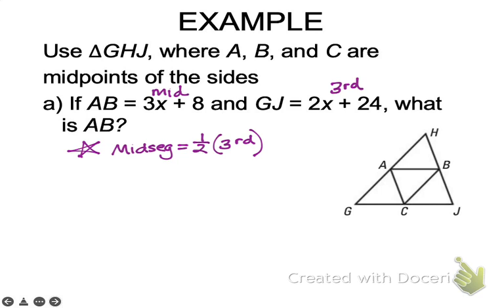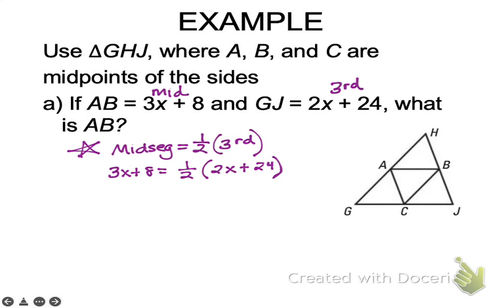So let's set up our equation. So my mid-segment is 3x plus 8 equals 1/2 times my third side, which is 2x plus 24. Why is my right side nice? Well, everything over here is even, so it's going to be easy to take half of 2x and half of 24, right?